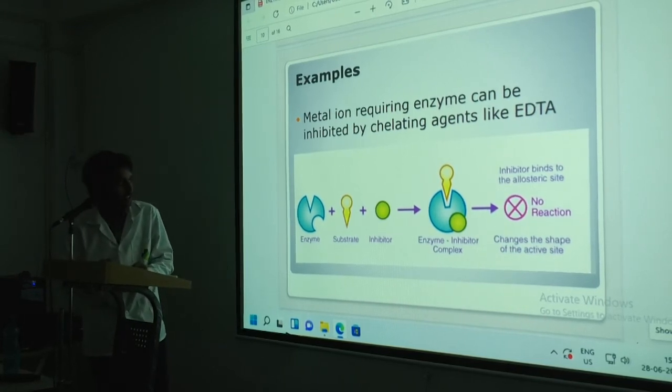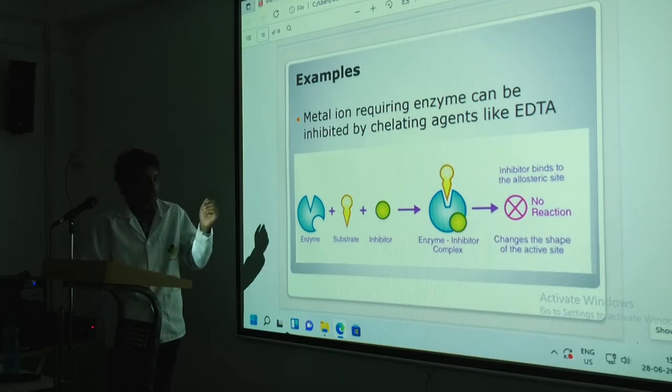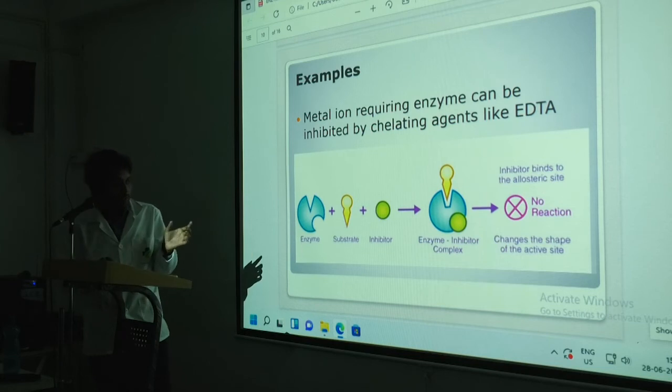But when the inhibitor attaches to the allosteric site, it changes the shape of the active site of the enzyme. So the normal process of enzyme substrate formation is disturbed.